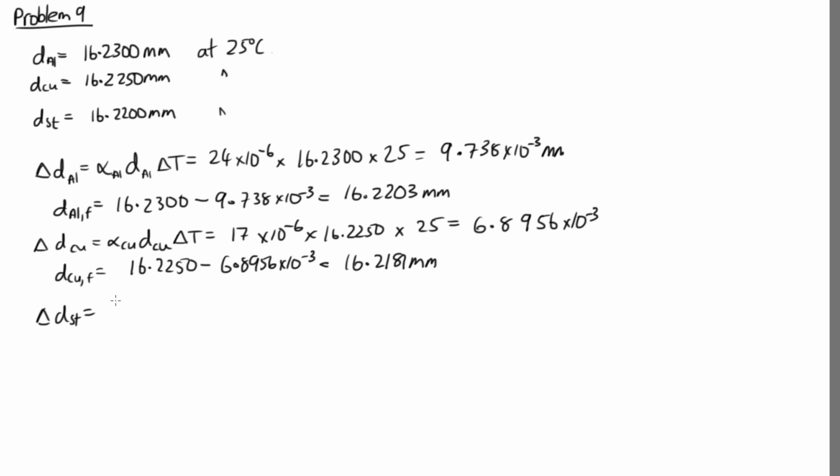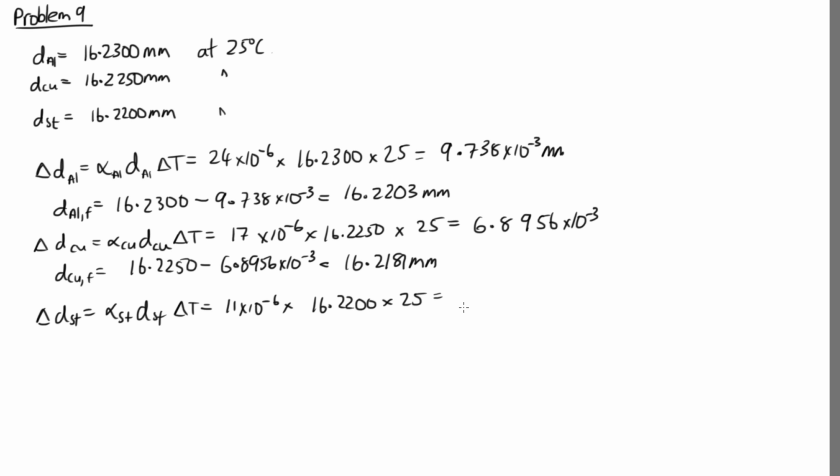So the change in diameter of the steel is equal to alpha for steel times D for steel times the change in temperature. Alpha for steel is equal to 11 times 10 to the minus 6. The diameter of the steel, we were told, was 16.2200, and the change in temperature is 25.